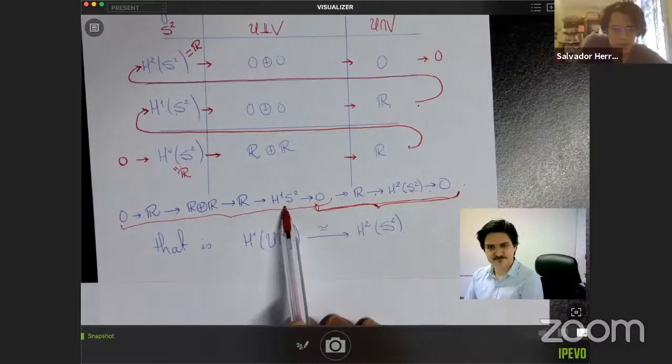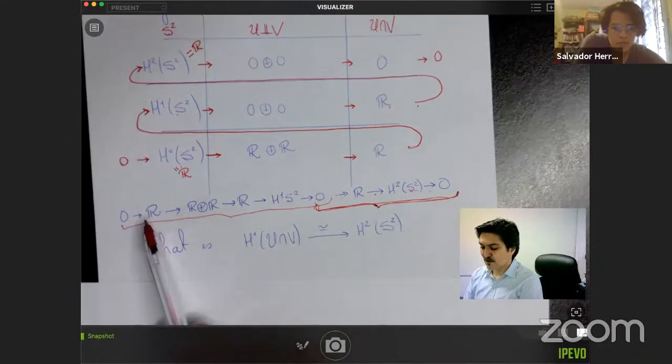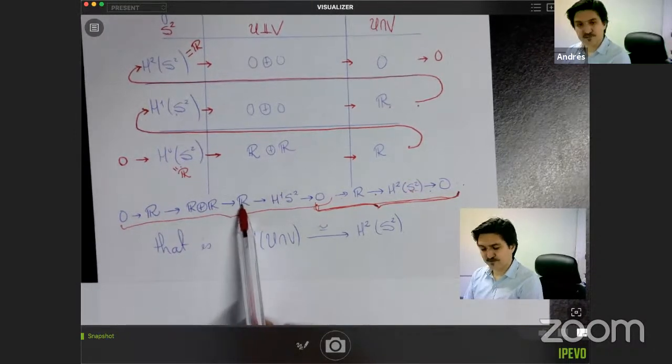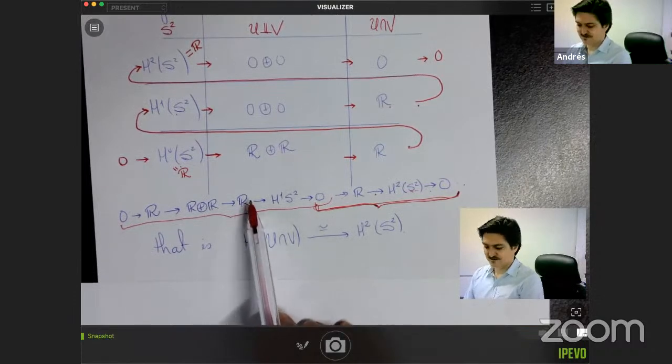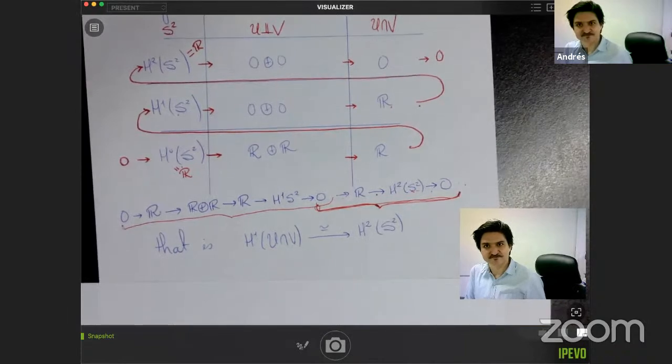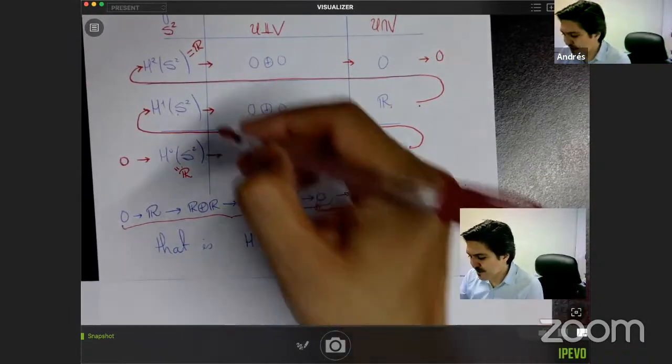Right? Because this is 1 minus 2 minus 1 plus 1, 0. 0 plus this one equals 0. So this has to be 0.